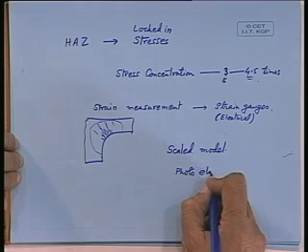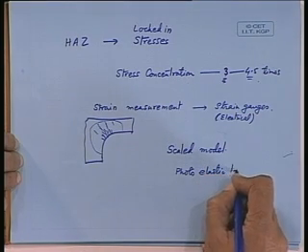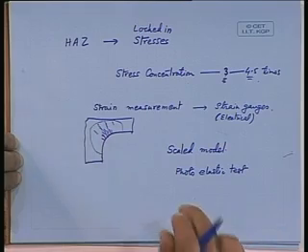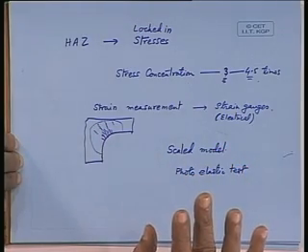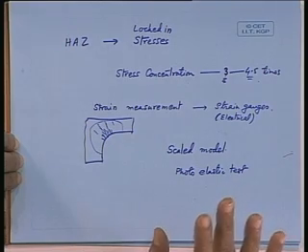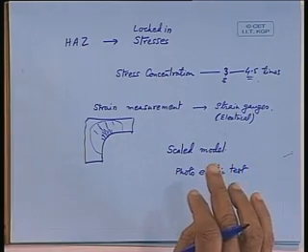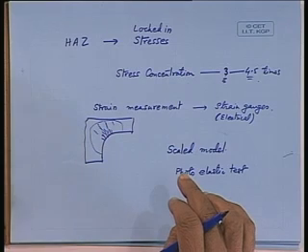Okay. Third one is that you have some sort of a scaled model, and conduct a photoelastic test. In this case, the model must be transparent. And when we talk about transparent material, obviously it is not the parent material. There is a change in material.